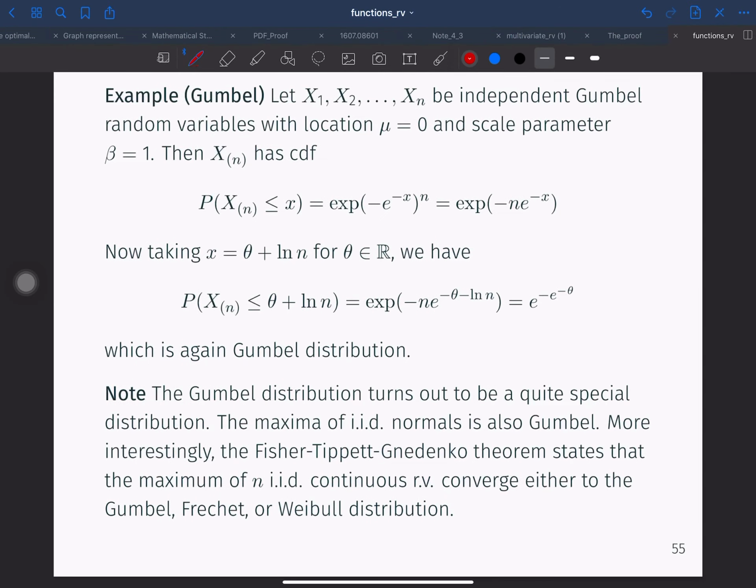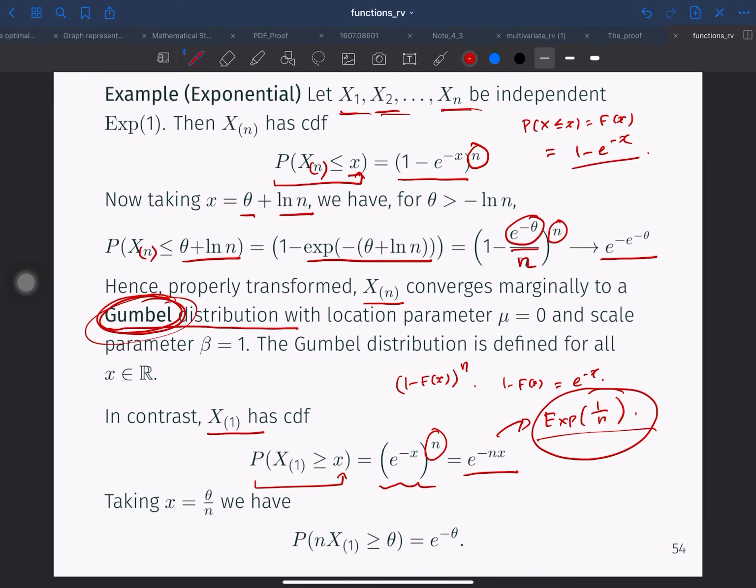Suppose now I have, from exponential, I get Gumbel. So the Gumbel has this as the CDF. So the PDF of the Gumbel is going to be e^(-x) e^(-e^(-x)).